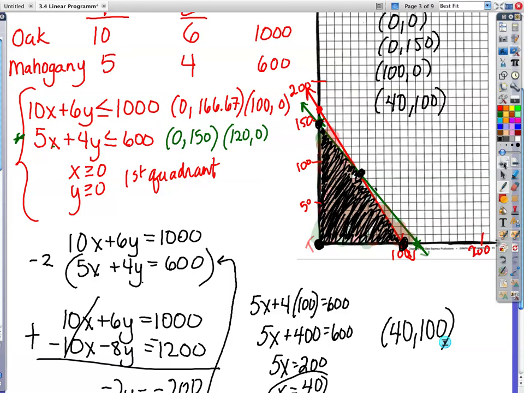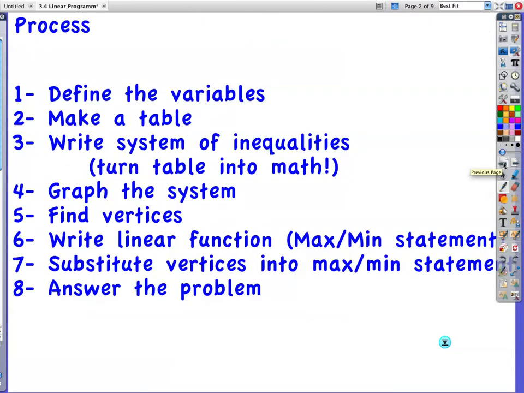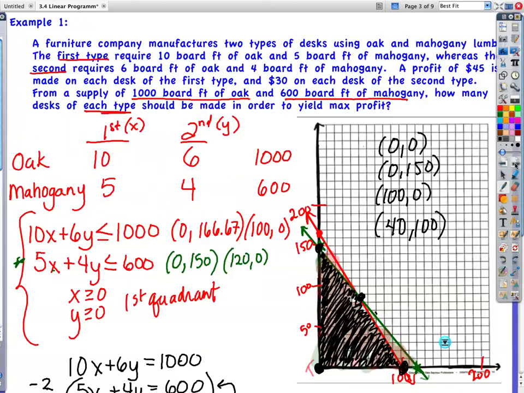I found my vertices. It says find the vertices and then write a linear function. Write your max or your min statement. Either it's a profit statement generally or it's a minimum cost. How can you minimize your costs are the kinds of questions you run into. So we go back to the original part of this problem and it says a profit of $45 is made on each desk of the first type and $30 on each desk of the second type.